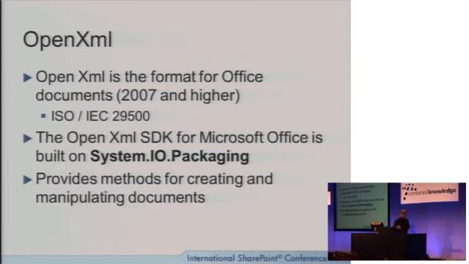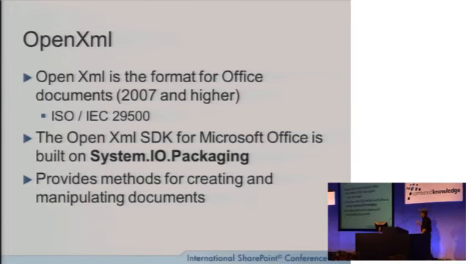So OpenXML, it's pretty much anything with an X at the end of it in an Office document format. So anything above 2007 will automatically produce OpenXML documents. We're talking about Word, but you've got the same process for Excel, for PowerPoint, as you have for Word.